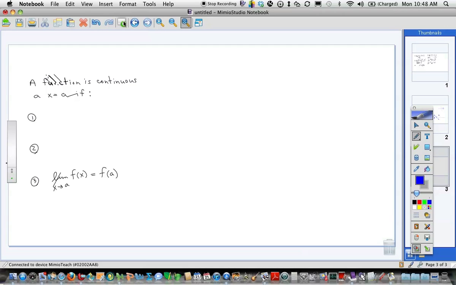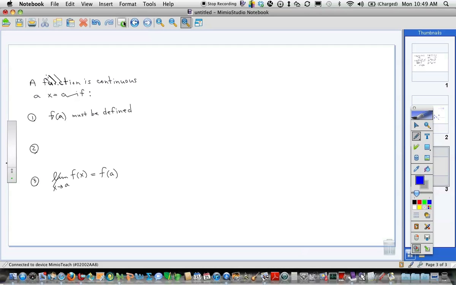Well, if the limit, which is a number, is going to be equal to the output at A, which is a number, then both of those numbers must exist, right? So the first thing that has to happen, though there's no necessary order here, is that f of A must be defined. And again, we've got to use the proper language.